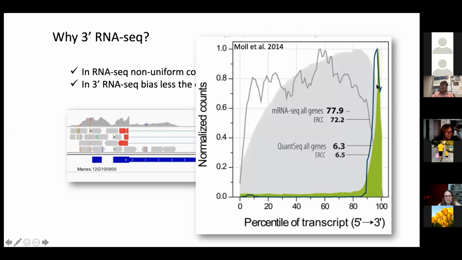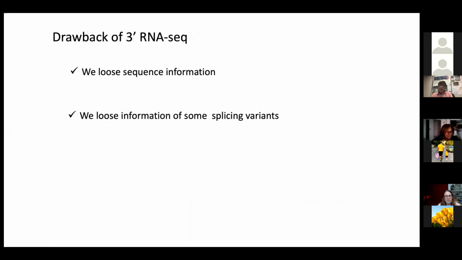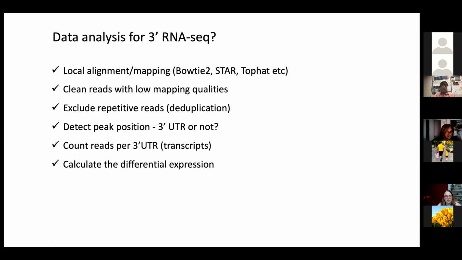And here in green is what I have, a single peak coming from the 3' sequencing. So with RNA-seq, I get, of course, the full sequence, and I can find, with certain algorithms, splicing variants. This is what I'm going to lose when I do this with the 3' RNA sequencing.